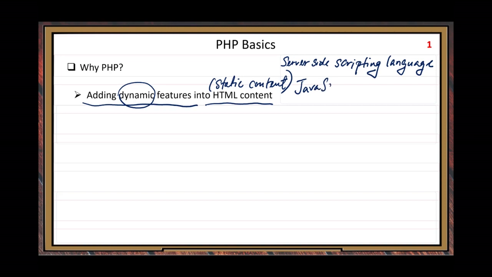JavaScript is the client-side scripting language. And we know if we only use the client-side scripting language, it's not enough. We need to do a lot of work at the server side.